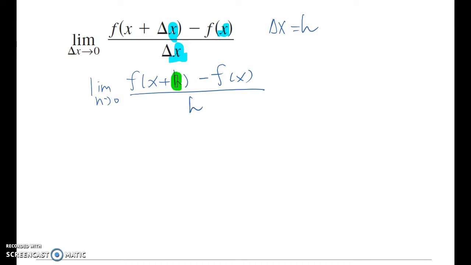Anyway, this formula we always call, mathematically, the derivative. It indicates f prime of x here.